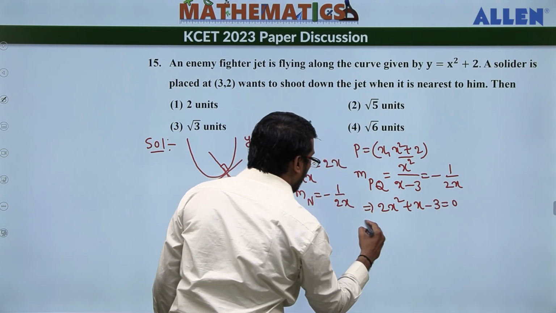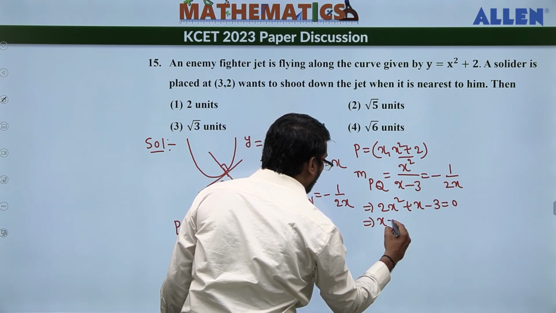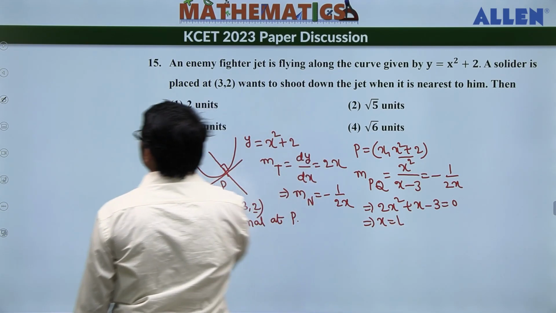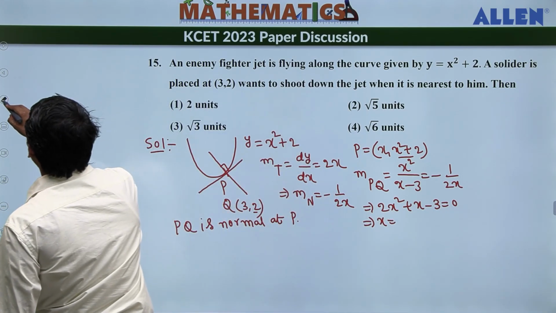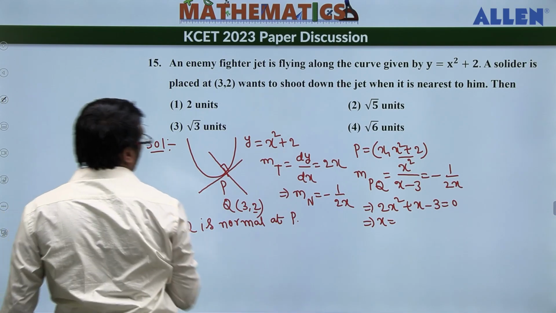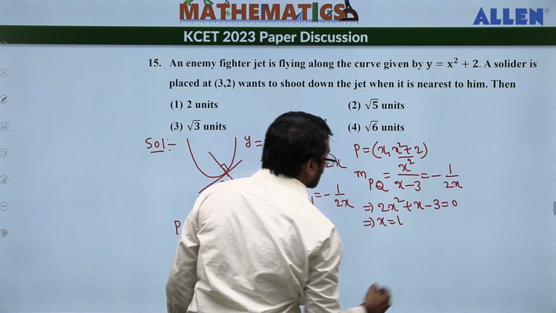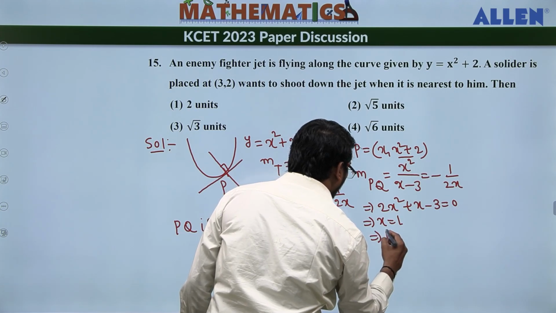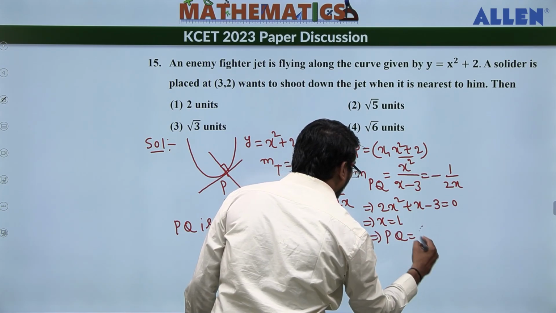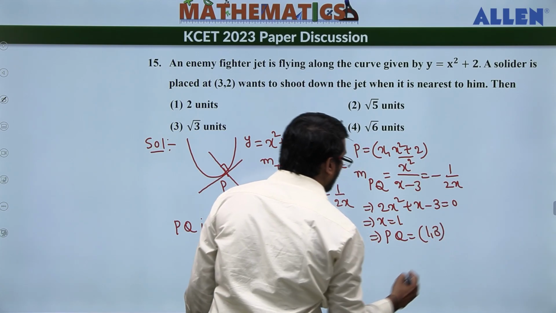So, x is equal to 1. Therefore, what is P?